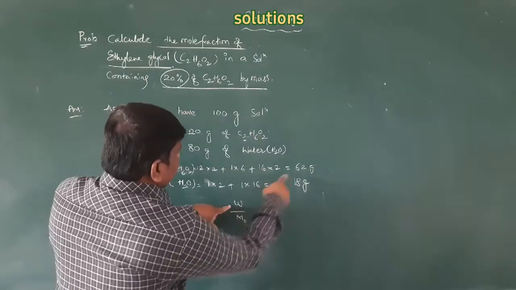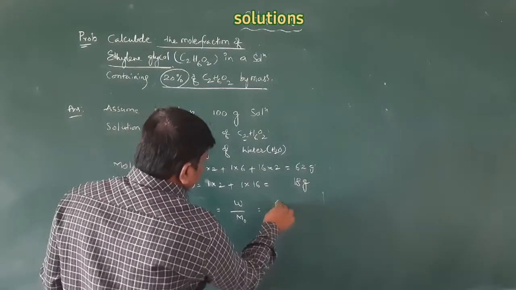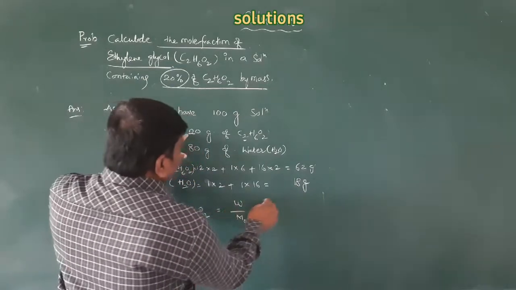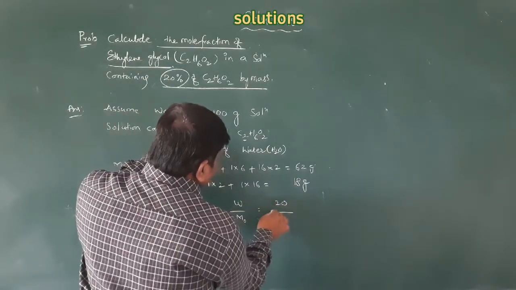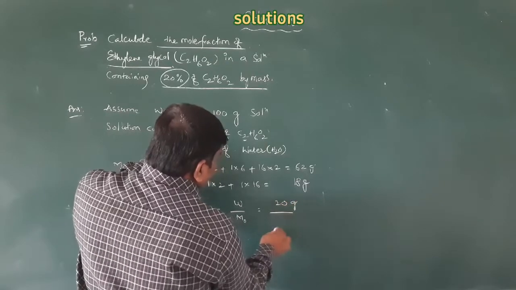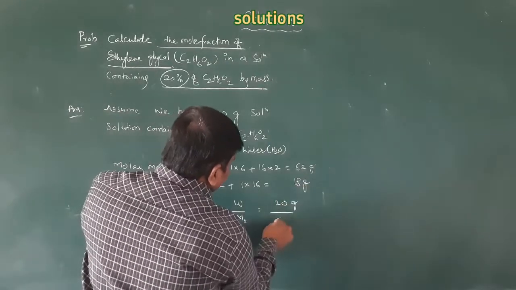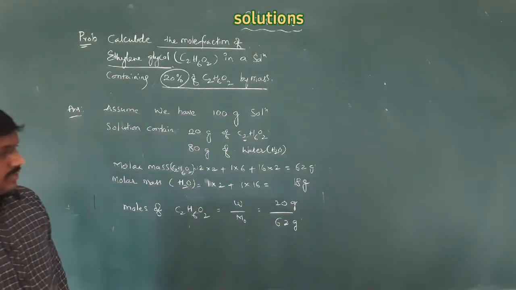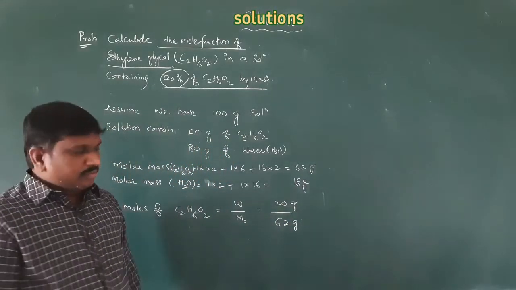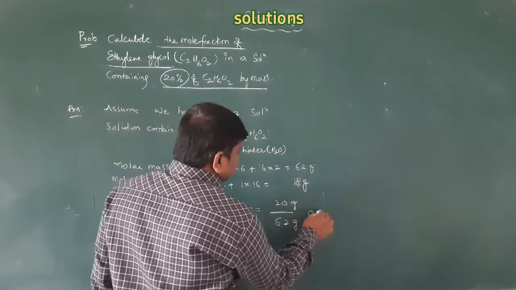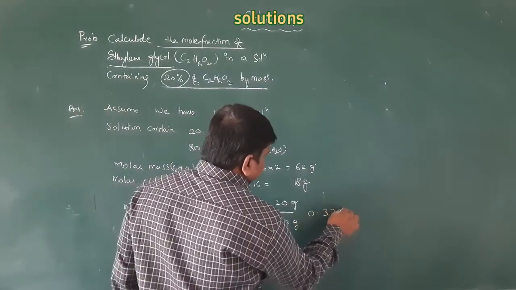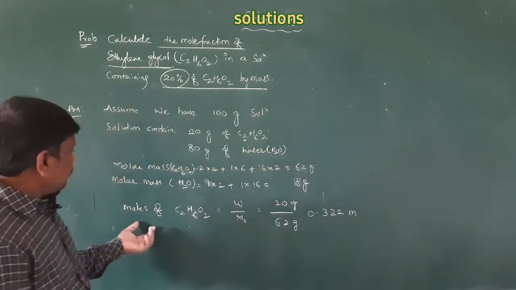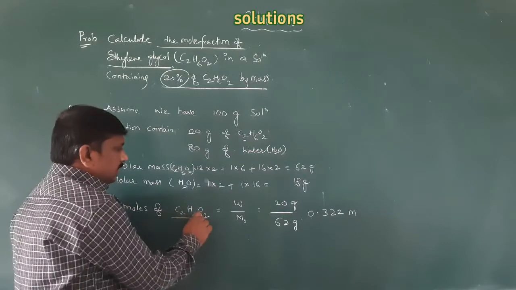How much weight is given? 20 grams. 20 grams by molar mass, how much? It is 62 grams. So what is the answer? 0.322 moles. So this is the number of moles of ethylene glycol.